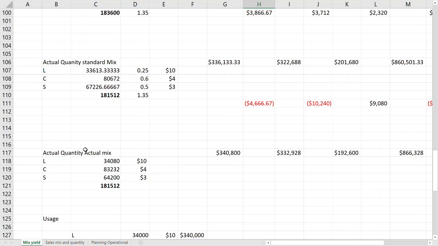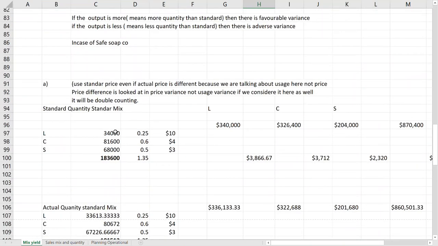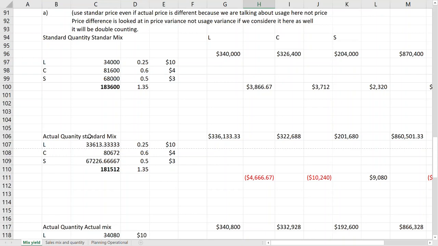We left the quantity the same. We changed the mix, actual mix versus standard mix. That gave us mix variance. If you look here, the standard mix is the same, but the actual quantity is compared with standard quantity. So it gave us yield variance. Yield means quantity.